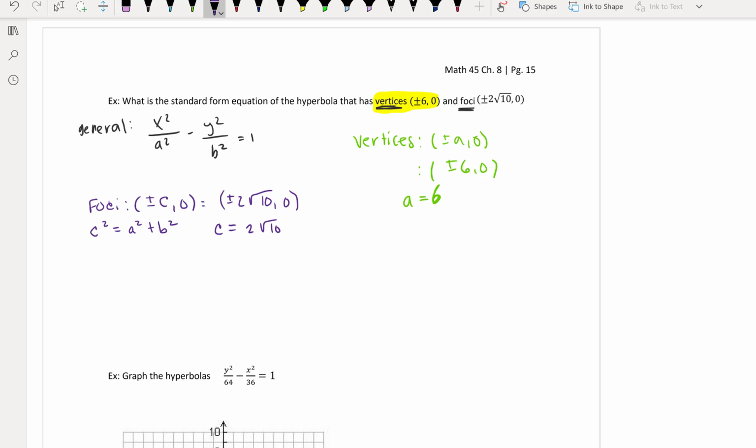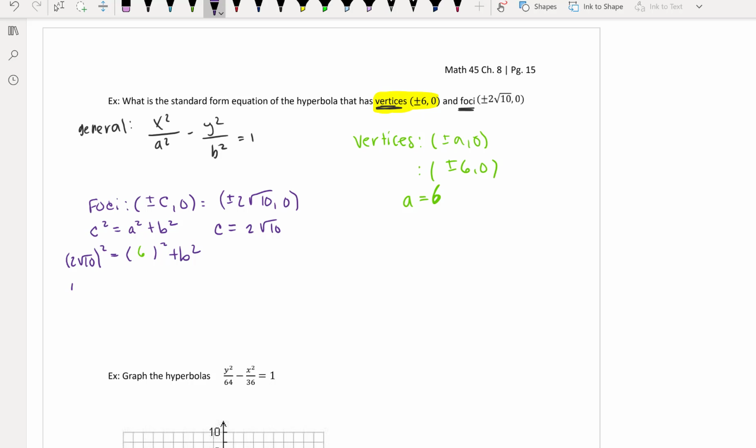So let's see, if I were to plug some of these values in, what would I get? So here I have c squared. My c value that I had is 2 square root 10, and I'm going to square it. The a value that I have is 6, and I'm going to square it, plus my b squared.